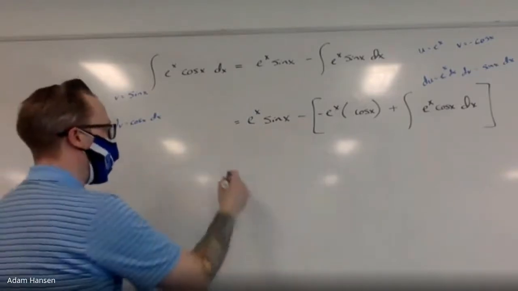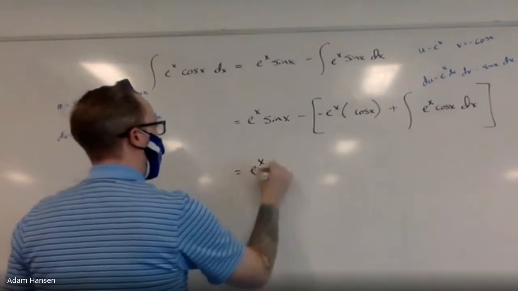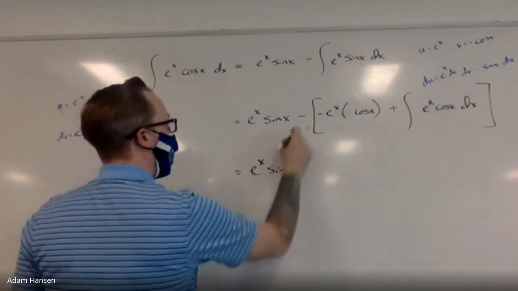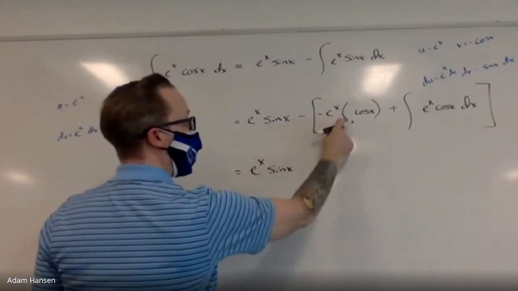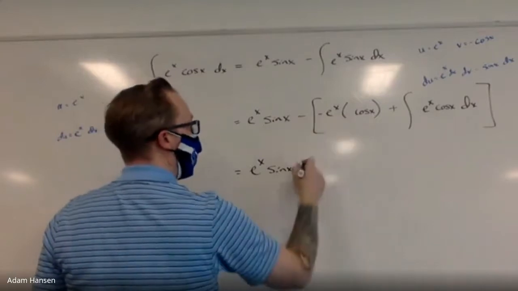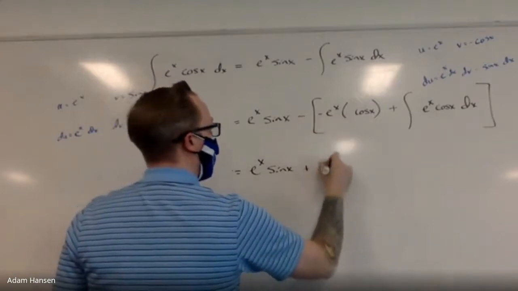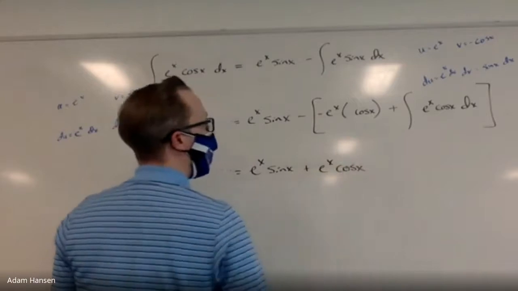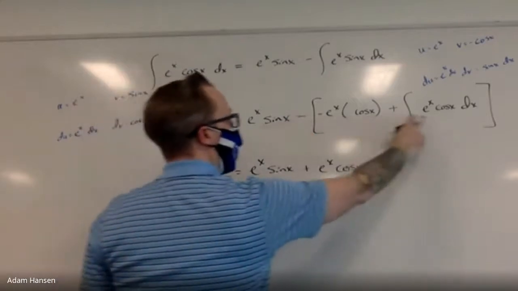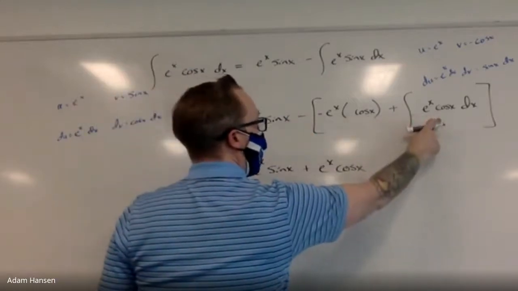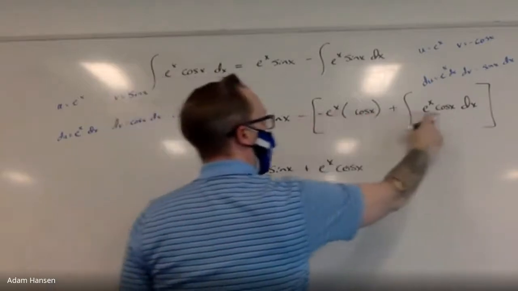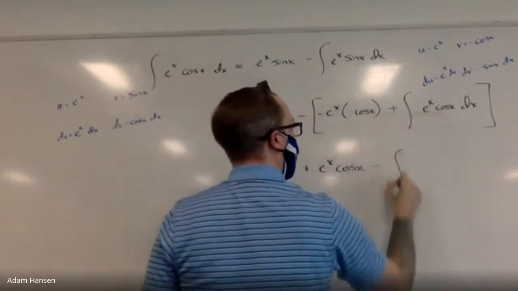So let's clean this up. I'm going to bring out e to the x sine x minus negative e to the x cosine x, which is, because of the double negative, positive e to the x cosine x. This minus the integral of e to the x cosine x dx. I'm subtracting this integral here.